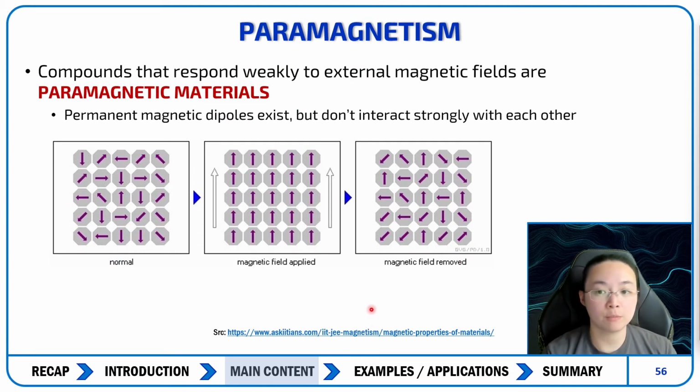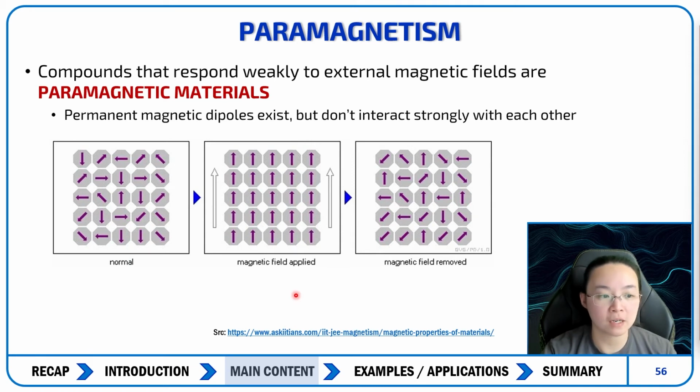So let's move on to paramagnetism. These are compounds that respond weakly to external magnetic fields. So permanent magnetic dipoles do exist, but they don't really interact strongly with each other like ferromagnets do. So this is a normal paramagnetic material with the different atoms with their magnetic dipoles.